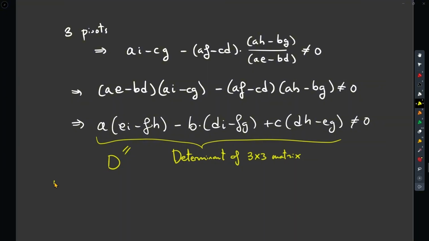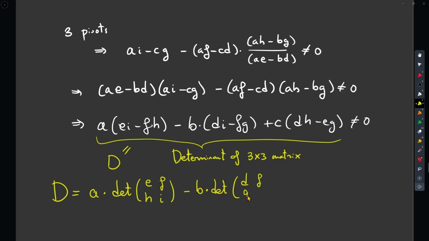And note that this determinant is A times the determinant of E, F, H, I, minus B times the determinant of D, F, G, I, plus C times the determinant of D, E, G, H. So let me reinterpret those numbers as follows.